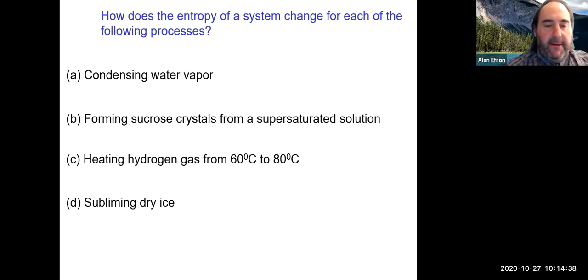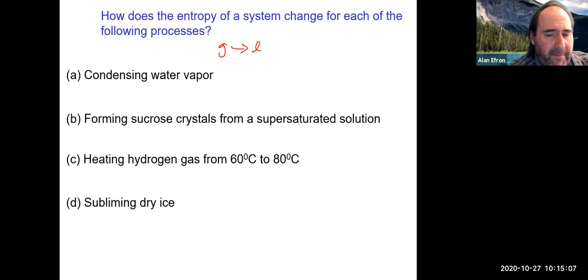First off, condensing water vapor. Condensation is the process where we go from gas back to liquid. In the gas state, particles are flying around crazily, with a lot of energy moving around. When we get to the liquid state, they lose a lot of energy and can no longer escape each other, and they go into the liquid phase.